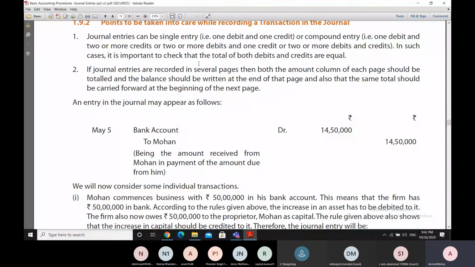Now, the next point to be considered is that if the journal entries are recorded in several pages, then both the amount columns of each page should be totaled. You have to be careful. Either we record it all on the same page, or if we record it on different pages, then we must be aware about it.